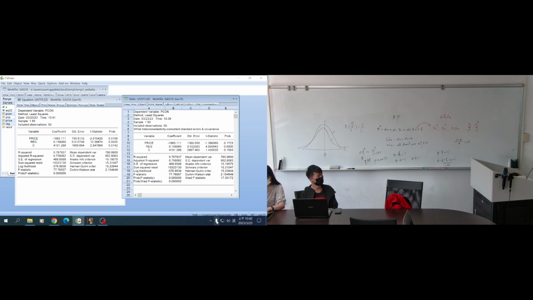Let's see the first, price. The one without correction is 750 something, and after the correction it is bigger, 1,360 something.